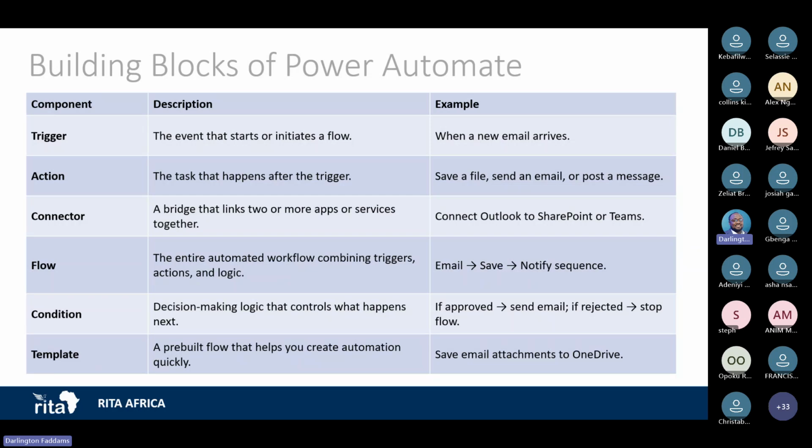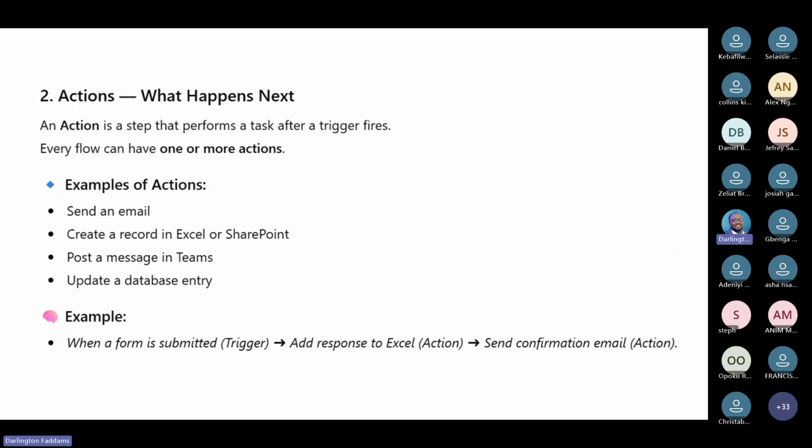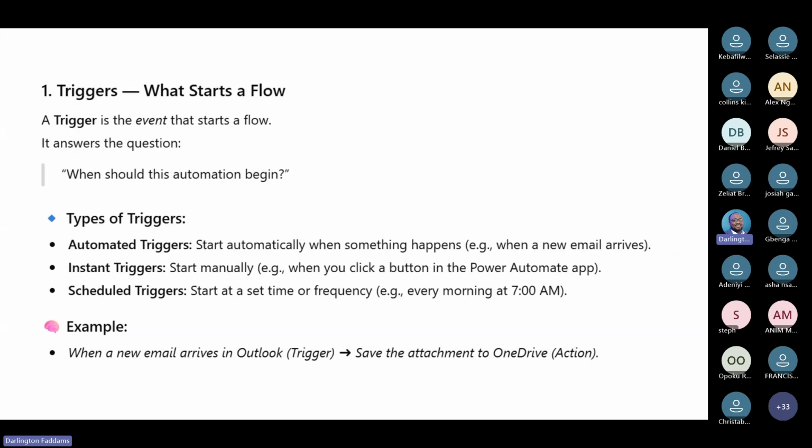We have an action, which is the task that happens after the trigger. We have what is called a connector. This connector is a bridge that links two or more apps or services together. And we talked a little bit about the triggers yesterday. We mentioned that we have automated triggers, instant triggers, and scheduled triggers.